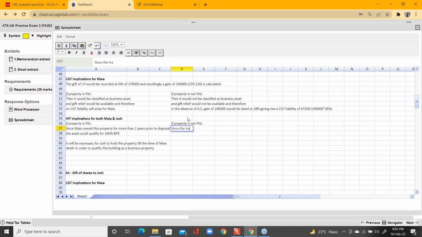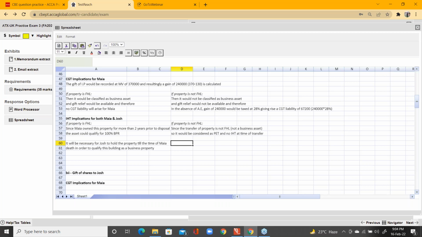Since the transfer of property is not FHL, meaning not a business asset, it would be considered, as per IHT, as a PET, potentially exempt transfer, and no IHT at the time of transfer in life, because a PET is a potentially exempt transfer and there is no implication for Maya under IHT at the time of transfer.